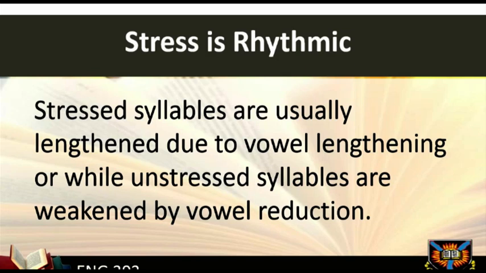Stressed syllables are usually lengthened due to vowel lengthening, while unstressed syllables are weakened by vowel reduction. As mentioned while discussing strong and weak syllables in the previous lecture, there is a common characteristic of reducing otherwise strong vowels to the weak sound schwa in unstressed position in English.